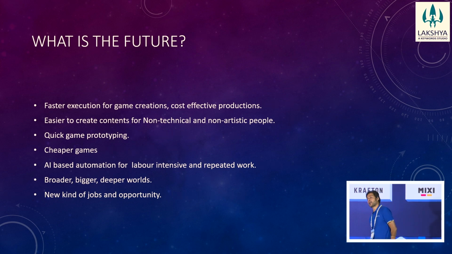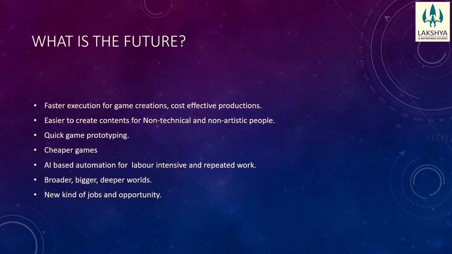For quick game prototyping, of course, you can use AI. I showed you one tool, I forgot the name, and the other 3D tools were Masterpiece Studios, where you can quickly prototype games.